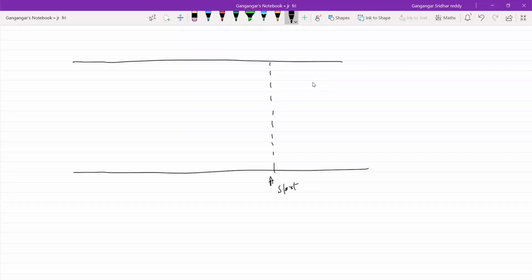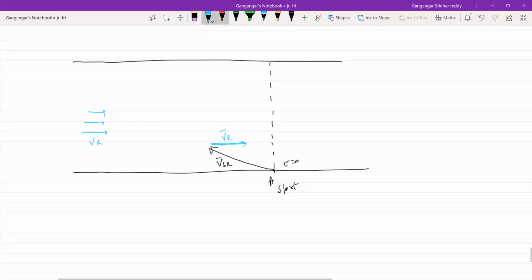This is a start point. T equals 0, it will start here. The river current is flowing like this. VR. Velocity of swimmer with respect to river. The river current will push him. And the VSR bar is like this.